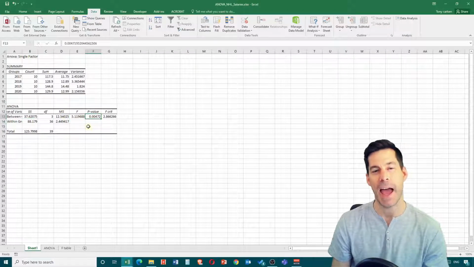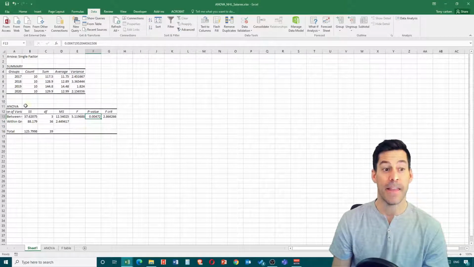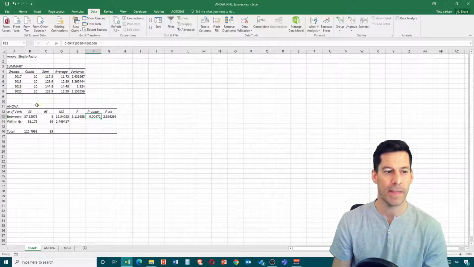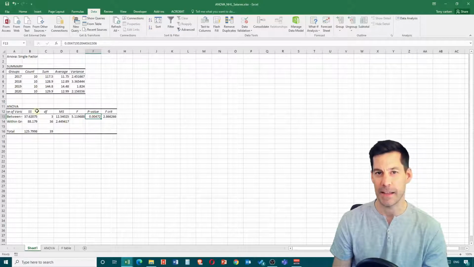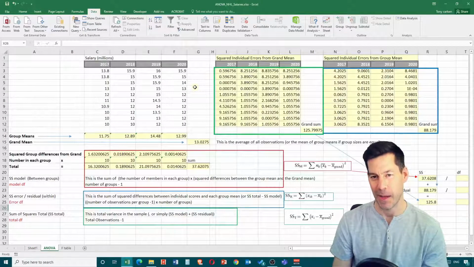Now we can see my actual p-value is 0.00472. So this is nice that it gives me that exact p-value. We can't do quite as many other things if we do a factorial ANOVA with this, but this is pretty good for getting a really quick and easy ANOVA. But if you want to do it by hand, we've just seen how we can do that.